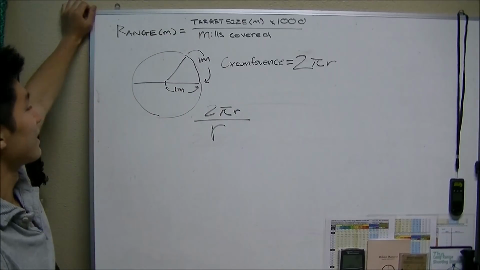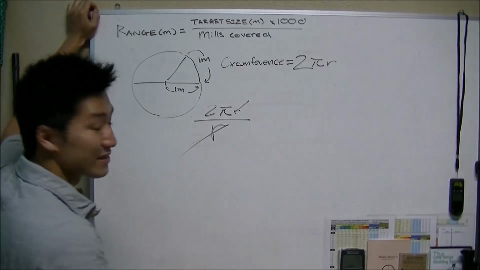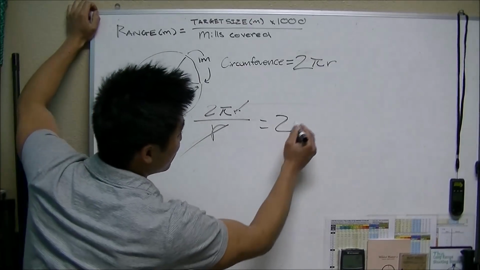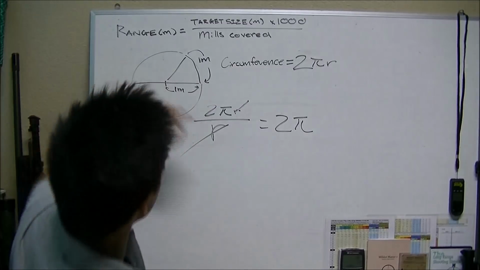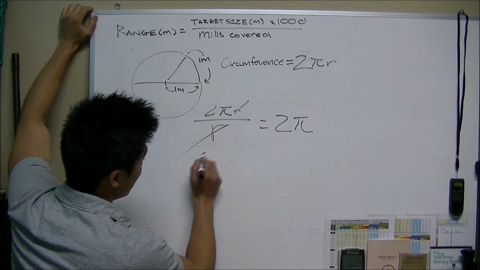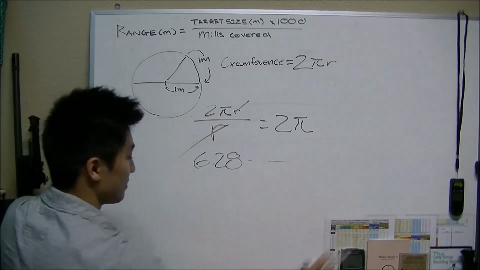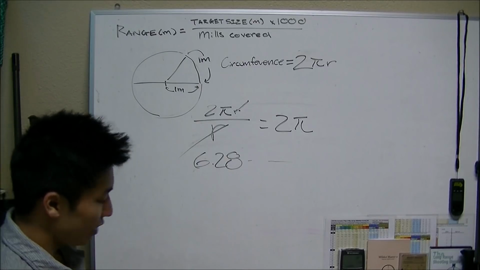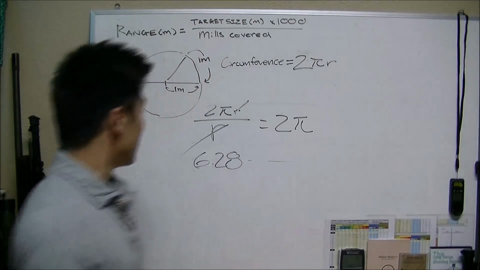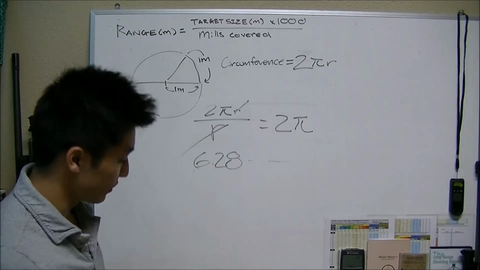So the r cancels out, and we're left with 2 pi. That's roughly 6.28, and it just keeps on going. So we know that there are 6.28 radians in one circle.